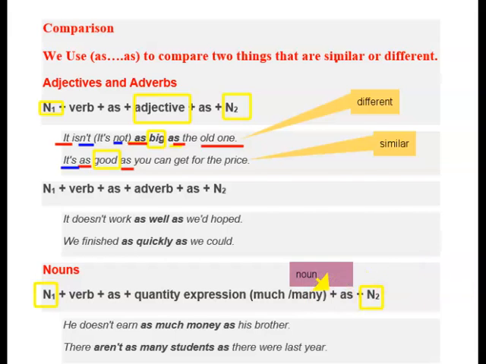Okay, المفروض يجي noun here. Okay, so we have noun number 1, noun number 2, these are the comparison nouns اللي بنقارنها. الآن here we have as, okay, but we use much or many plus a noun. So if it is a countable noun, we use many. Uncountable noun, we use much. Let's take a look at these things here.